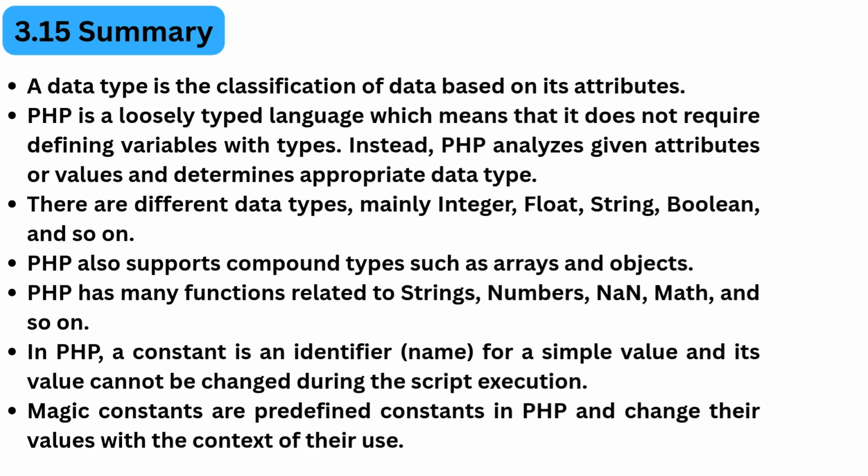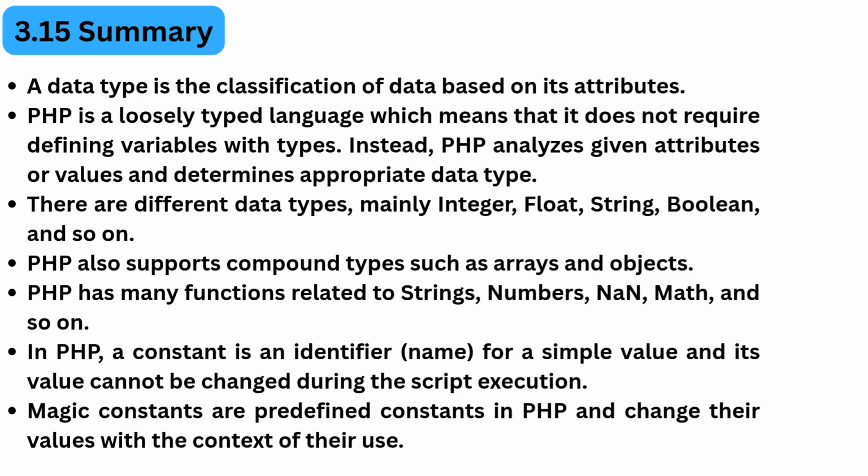So, in summary, PHP classifies values into data types based on their characteristics. It's a loosely typed language, so you don't need to define variable types manually. It supports both simple data types like integers and strings, and compound types like arrays and objects. PHP provides many built-in functions to manipulate data types efficiently.